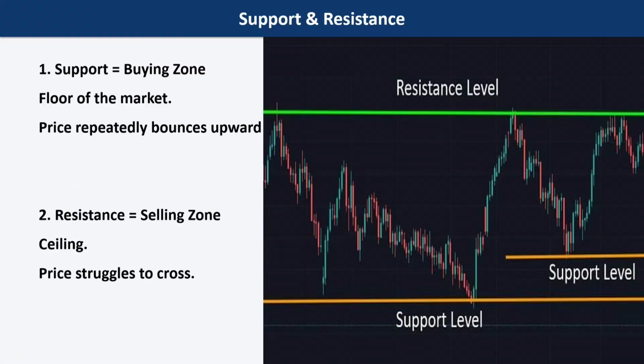What will happen? The ball falls until it touches the floor, then it bounces upward. Similarly, when a stock price falls, it may bounce upward from the support level. It won't stay at the support level all the time; it will bounce back.